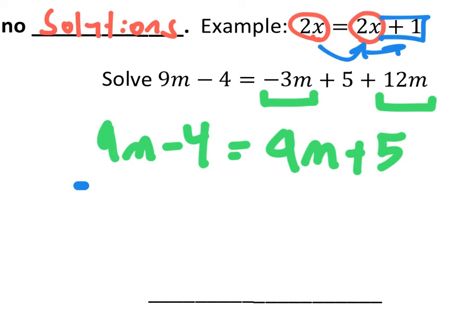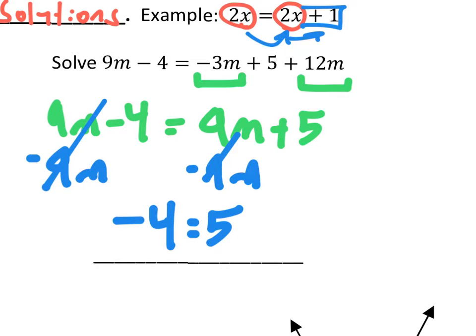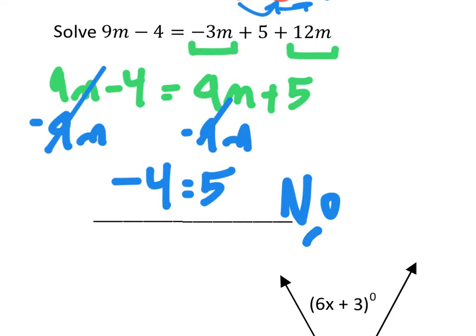If I tried to keep solving by subtracting 9m from both sides, here's what would happen. I would get a statement that doesn't make any sense. Negative 4 is equal to 5. If all your variables cancel out and you're left with a scenario that doesn't make any sense, that is a scenario where you have no solution.